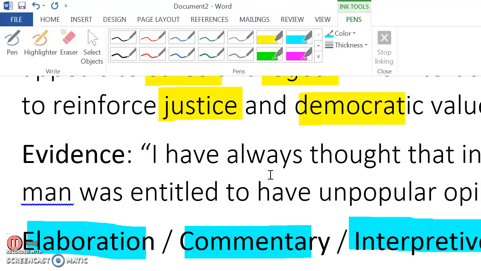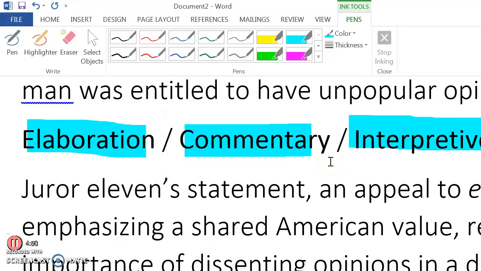So I do want to comment on that. He also constructs this moment of ethos to remind the other jurors of the goal in this process.